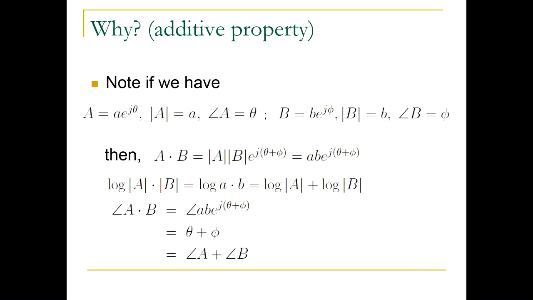Why the logarithm of magnitude? Well, I remind you that typically the transfer functions that we are dealing with are rational, right? So there are some terms in the numerator and some terms in the denominator. We can often write the denominator and numerator as a product of some simple terms corresponding to poles and zeros.